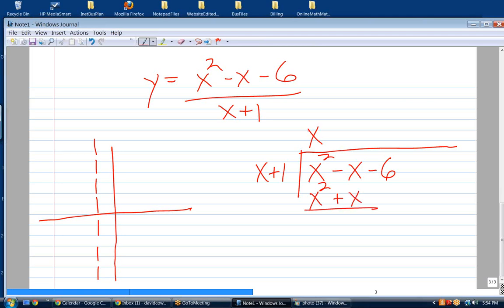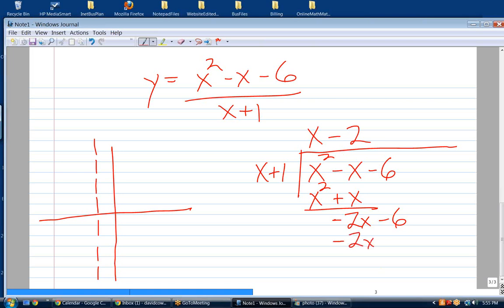In other words, you're going to multiply this term by both terms. And then subtract, just like you do in long division. Should be negative 2x. And then bring down the 6. And then do the process again. Negative 2.